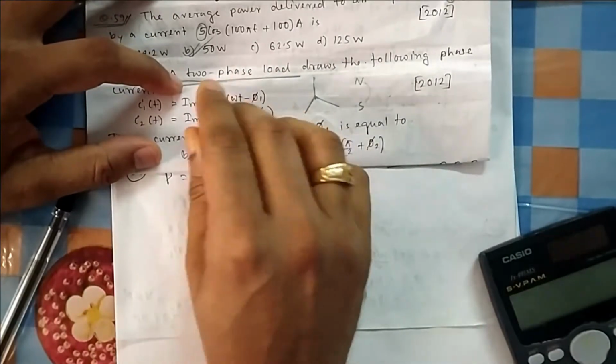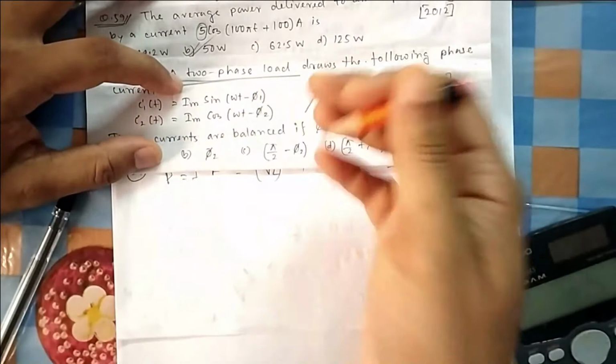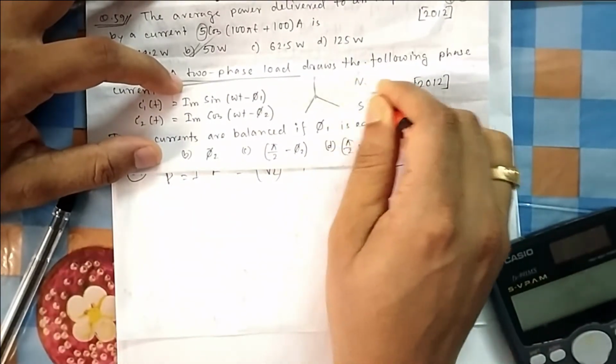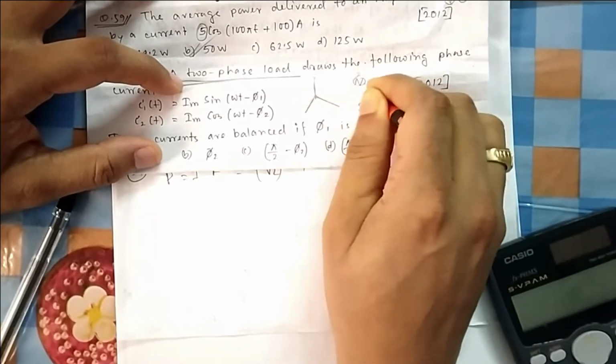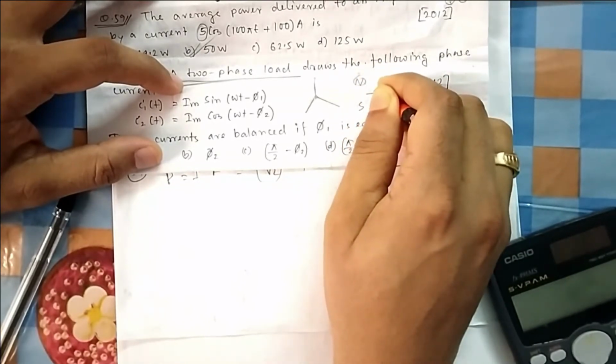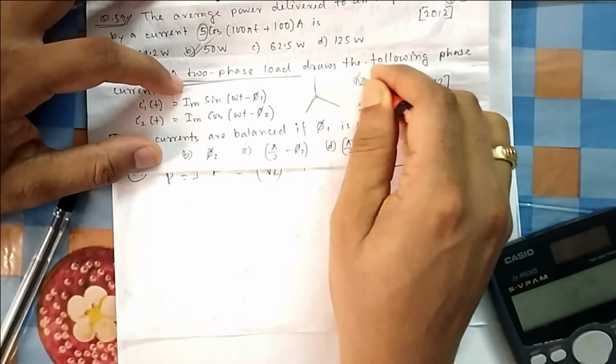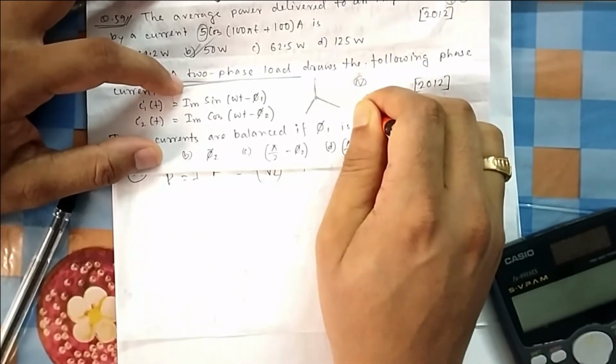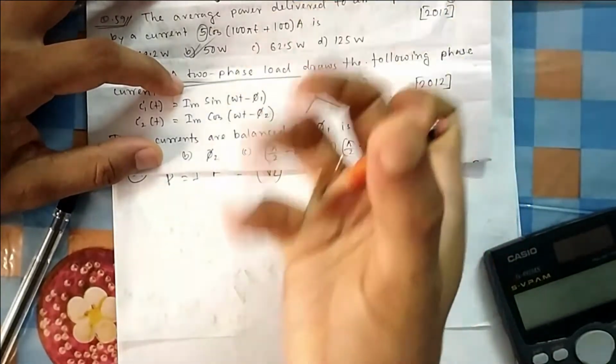But if you give a 180 degree shift, then it will not create any rotating field. So one coil will be placed here and one coil placed after 90 degree. If the coils were 180 apart, then the net rotating field will be 0.